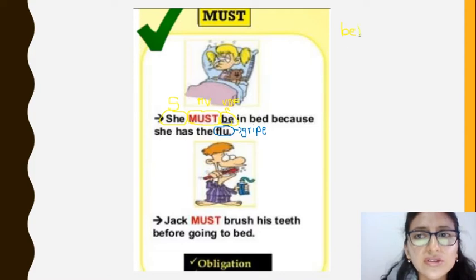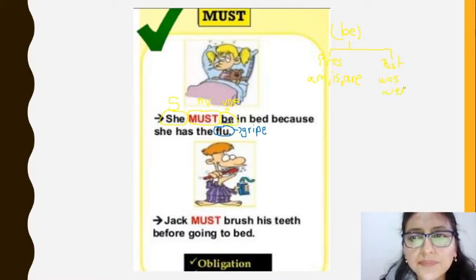In present, we have am, is, and are. We have the verb be in past, was and were.